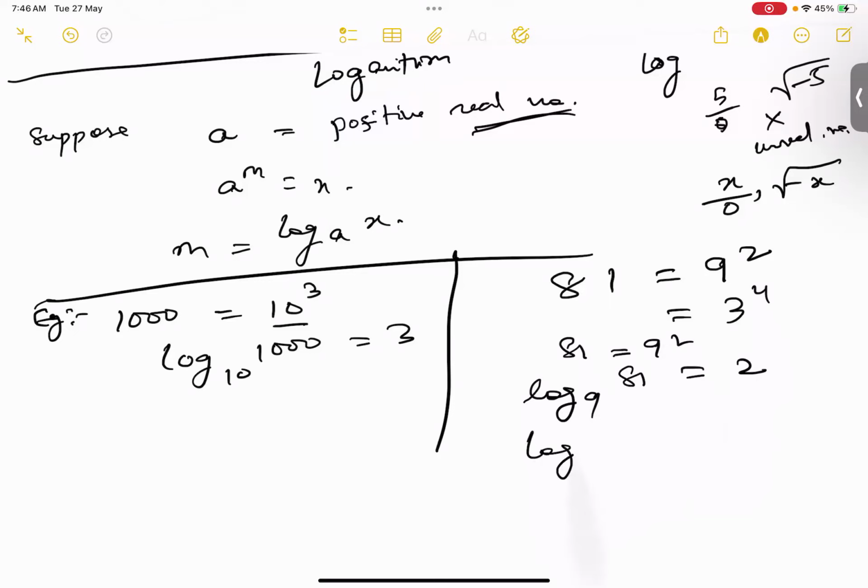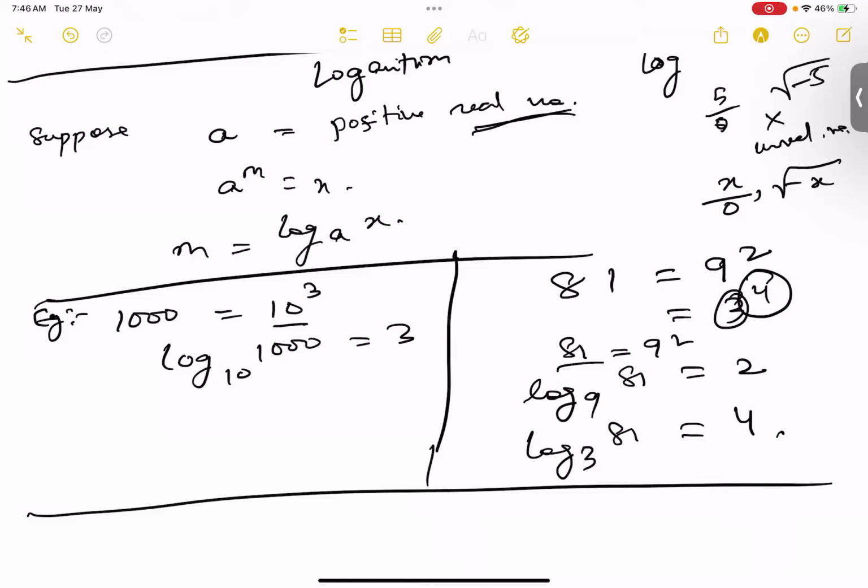And logarithm base 3 of 81 is equal to 4. So the logarithmic value gives the value of the power. Is it clear with this part?